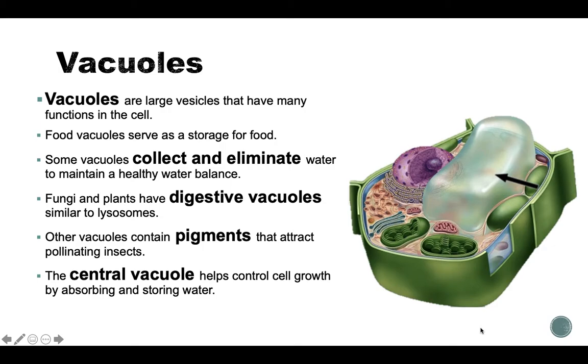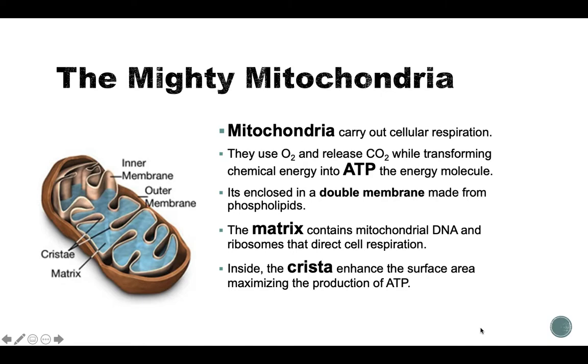This is the exact same vacuole that we were talking about when discussing the endoplasmic reticulum. So now this organelle requires a little bit more attention. The mighty mitochondria. This is one of the most well recognized organelles in eukaryotic cells, simply because they are the batteries of the cell.